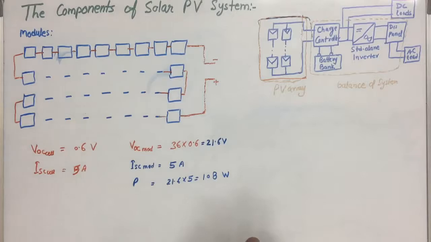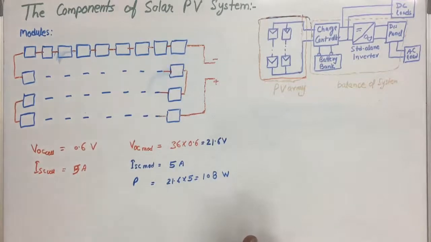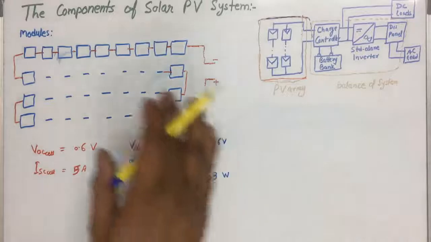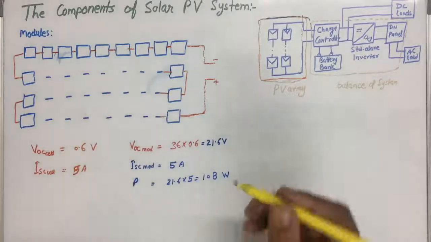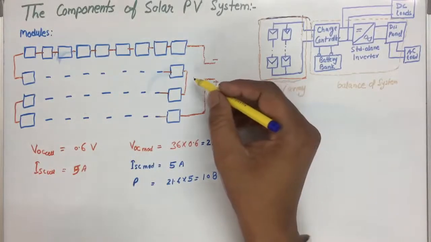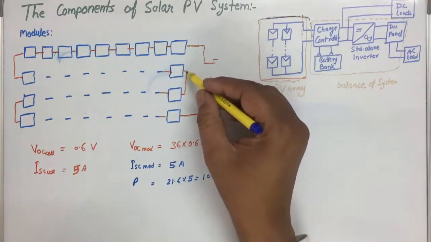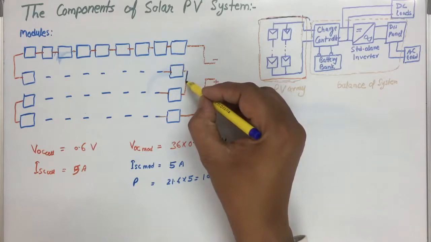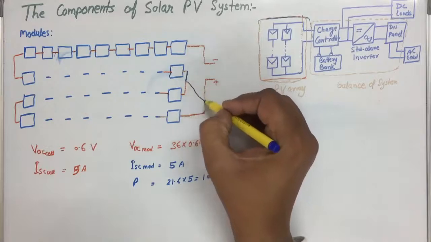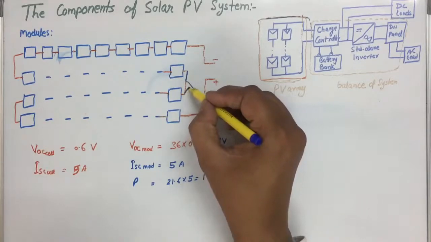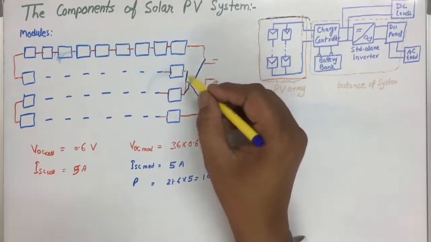Now let us consider some changes in the cell connections in this module. For that purpose, we consider two cells connected like this.